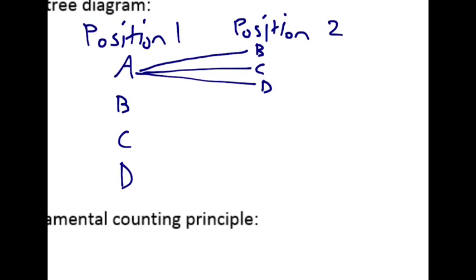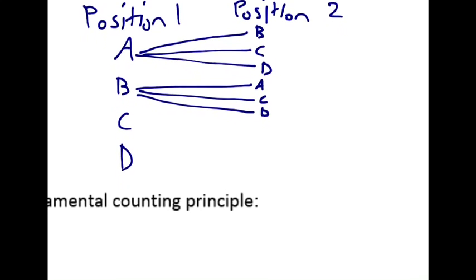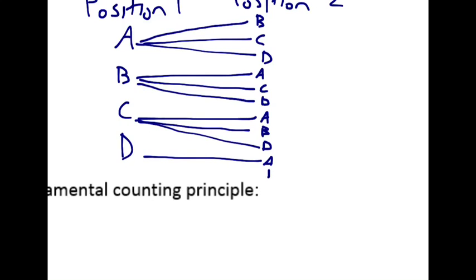If B took the first position, then either A, C, or D could take the second position. Right, and you continue the pattern along. And if C took the first position, then either A, B, or D will take the second position. And if D took the first position, then either A, B, or C will take the second position.